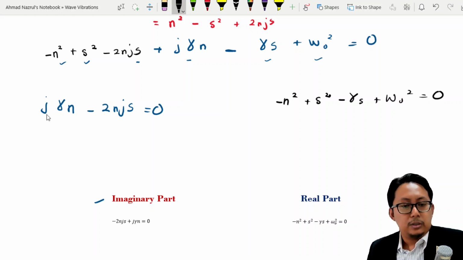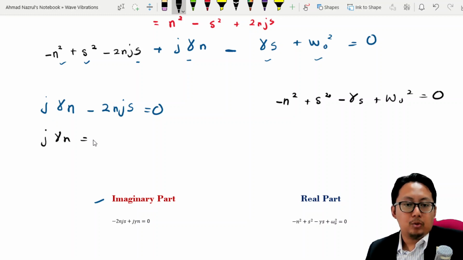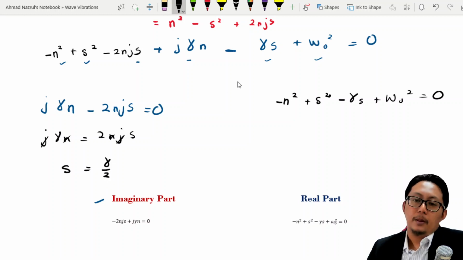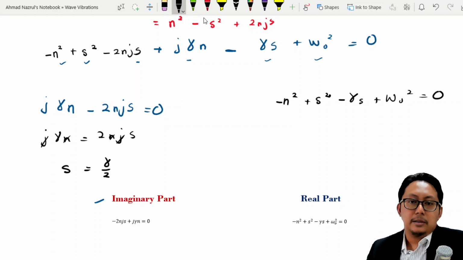First, we solve this. Okay, j gamma n equal to 2njs. Can cancel j and n here. We have gamma equal to 2s. So s is equal to gamma over 2. Since we know gamma, s we don't know. We can replace s here, in the real part.